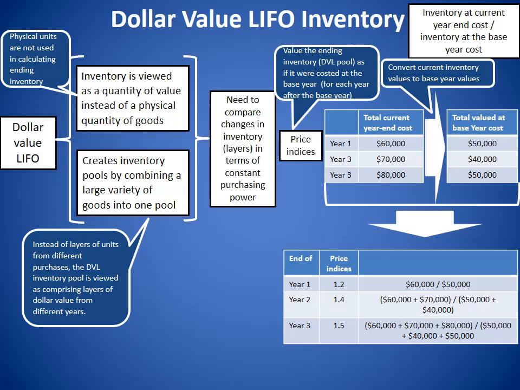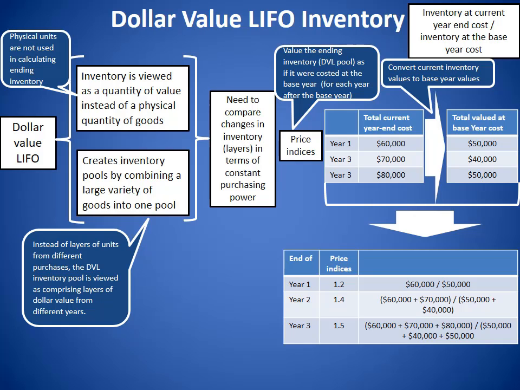Here we're going to talk about dollar value LIFO. It's probably one of the most popular inventory valuation methods used, because overall it's a lot easier to use, especially now that we have computers that can do all the number crunching that is necessary.